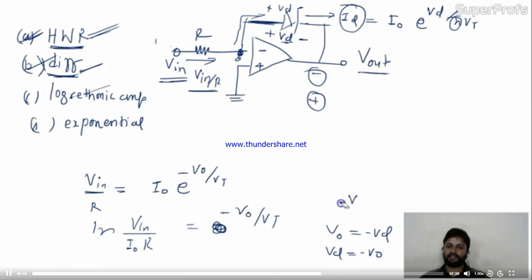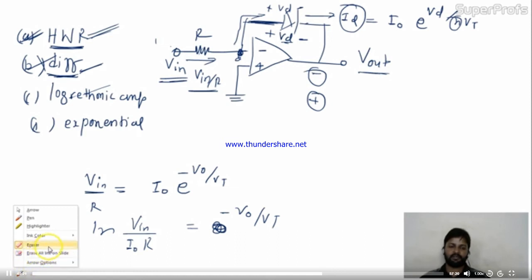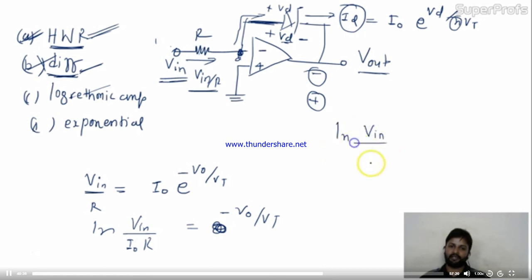Finally, for this circuit, what I'm getting is that you are taking the logarithm of the input. See over here, the equation we are getting is ln of V in by I naught R equal to minus V naught by Vt.